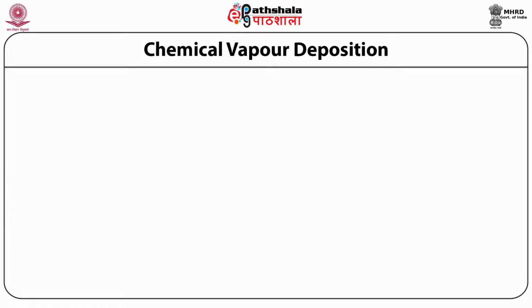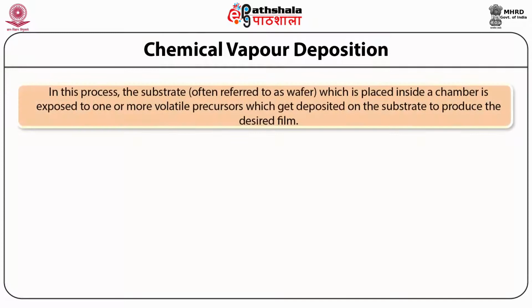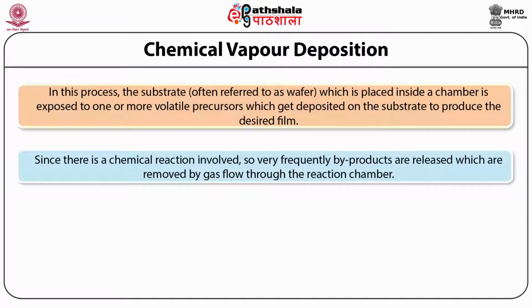Chemical vapor deposition. In this process, the substrate, often referred to as the wafer, which is placed inside a chamber, is exposed to one or more volatile precursors, which get deposited on the substrate to produce the desired film. Since there is a chemical reaction involved, very frequently byproducts are released, which are removed by gas flow through the reaction chamber.